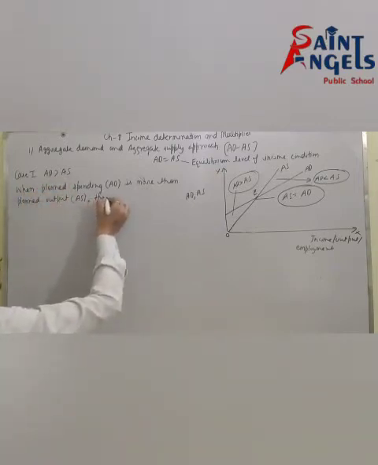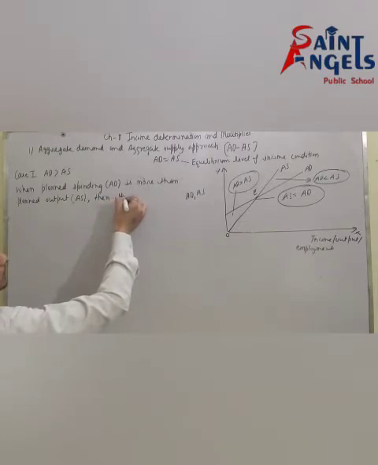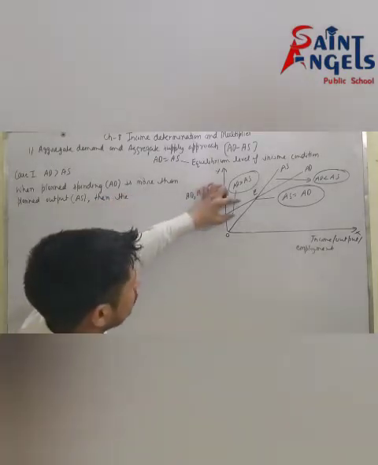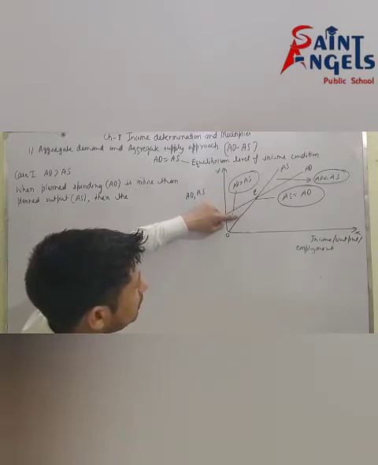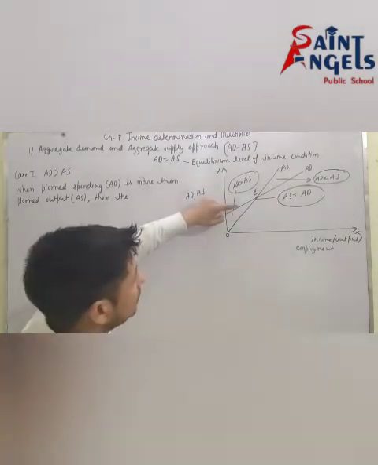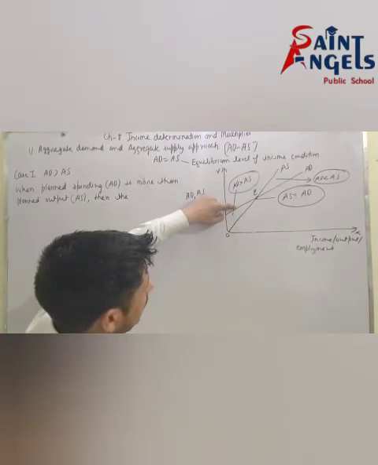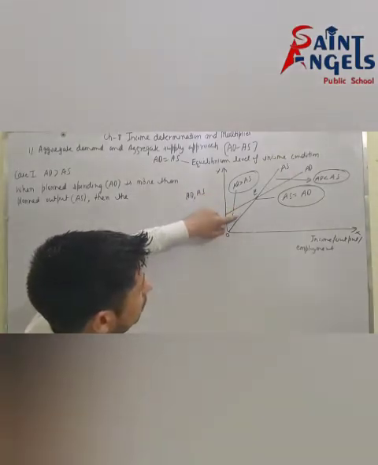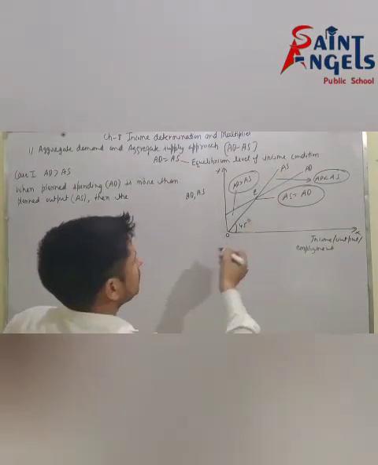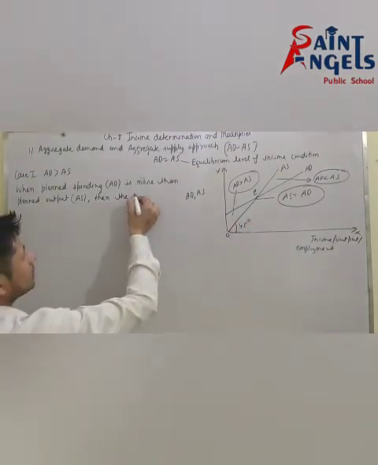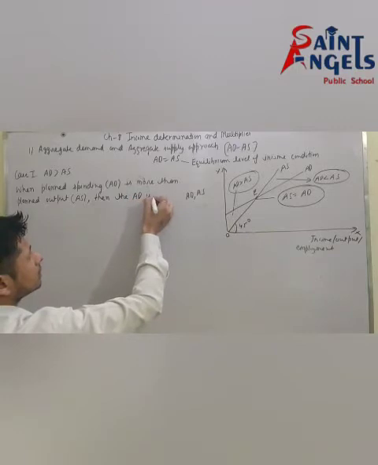Then, see in this portion, the AD curve lies above the 45-degree line. See, the AD curve is above the 45-degree line. The 45-degree line means the AS curve.